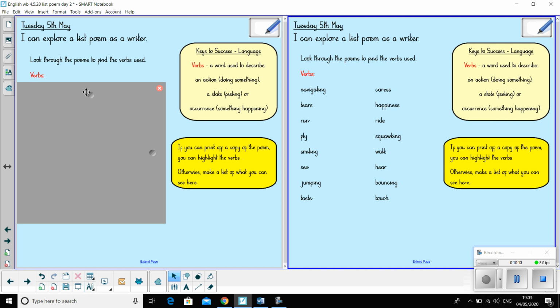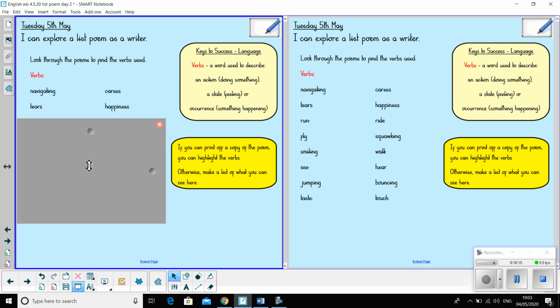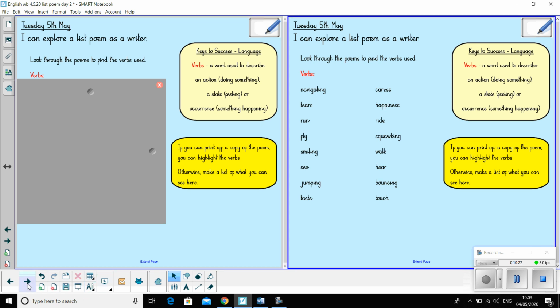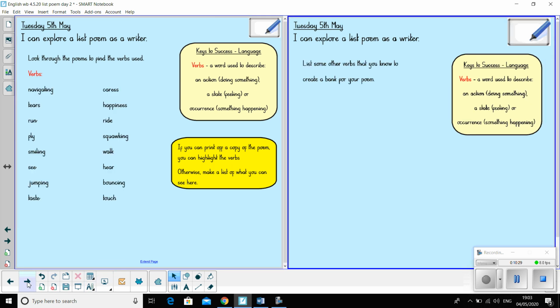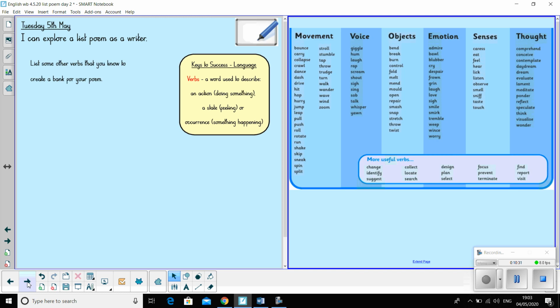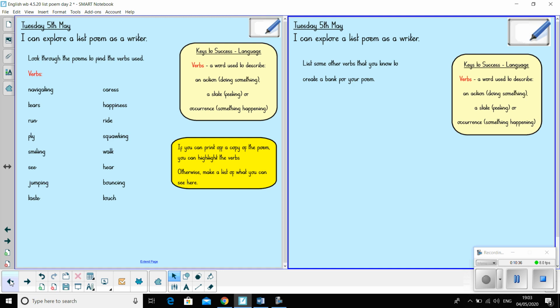Okay, so I blocked it out, but underneath there is just a list of the verbs themselves. Some examples for you. And on the next page, I've got a bank here as well that you can refer to and check. But before you have a look at that bank of words, I would like you now to come up with any other words that you know are verbs.